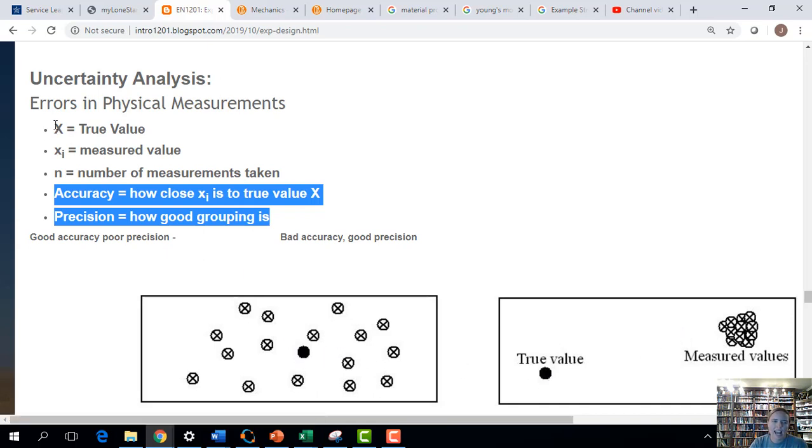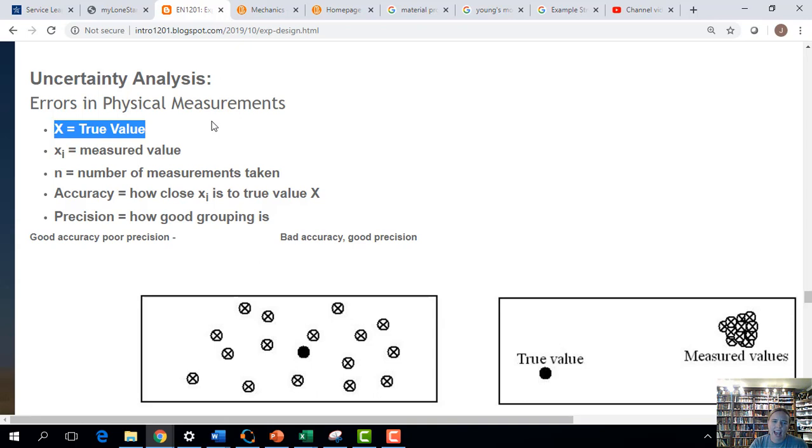Another question to ask yourself is, how would we know what the true value even is? How do you know the temperature in this room, or the pressure? We can only know what we measure. That's the frustrating thing: you actually never know the true value.